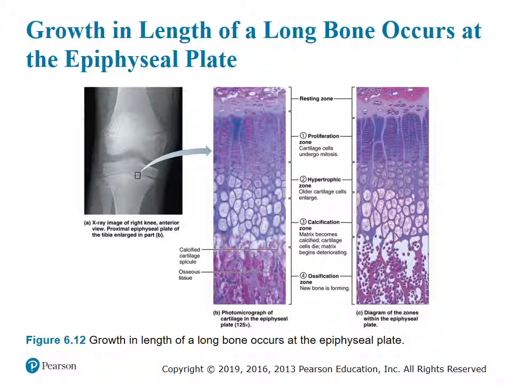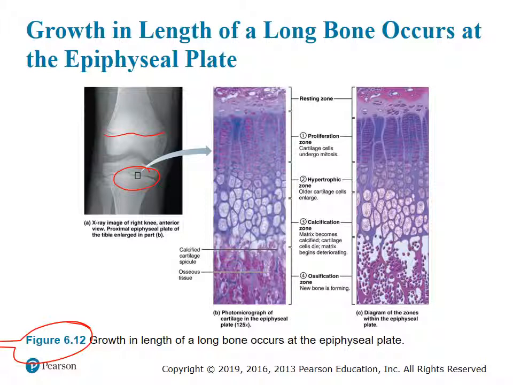So moving on to figure 6.12, and what we're looking at, the x-ray image. If you can look at that square there and notice the line, and I'll just draw the line here on the very top, but there's also a line at the bottom. We're magnifying that gap or that line. The epiphyseal plate is what we're looking at, and the epiphyseal line here, and looking at the actual different zones, right?